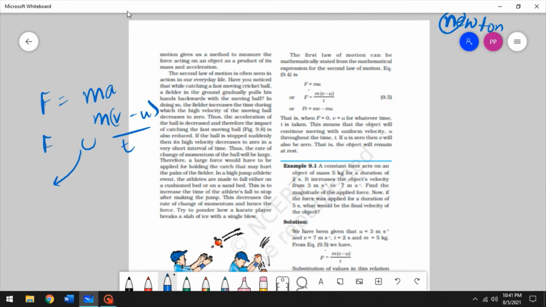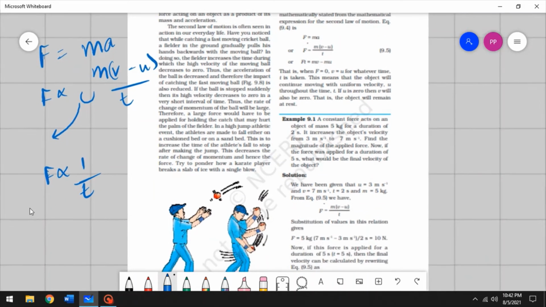So force is inversely proportional to time, right? So as you increase the time, the force will decrease. So in order to decrease the force, the bowlers or fielders increase the time.